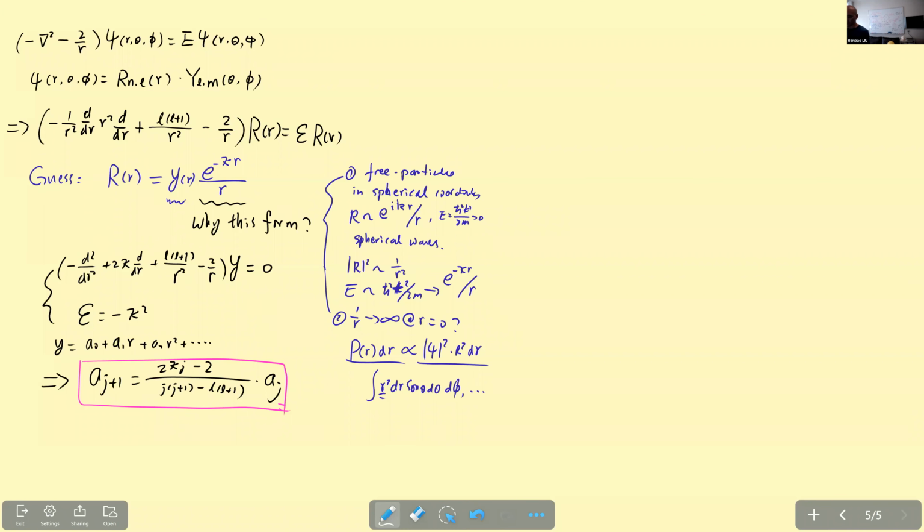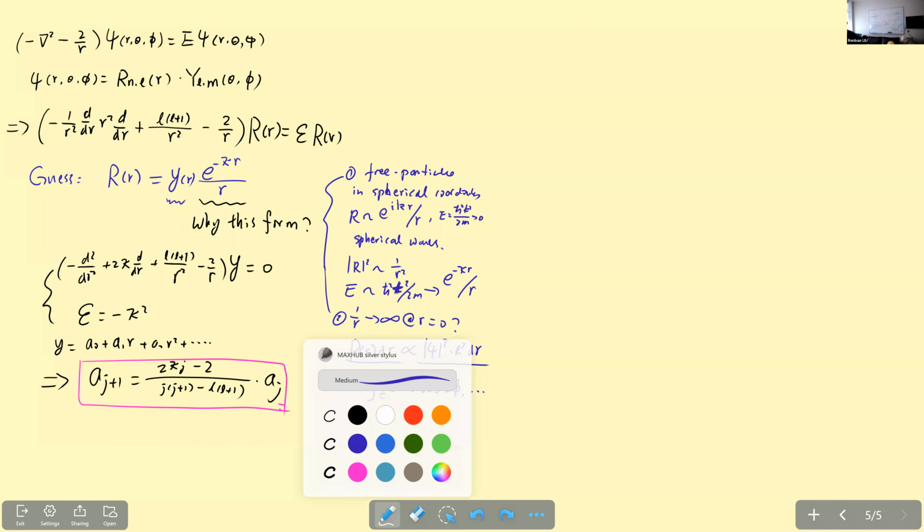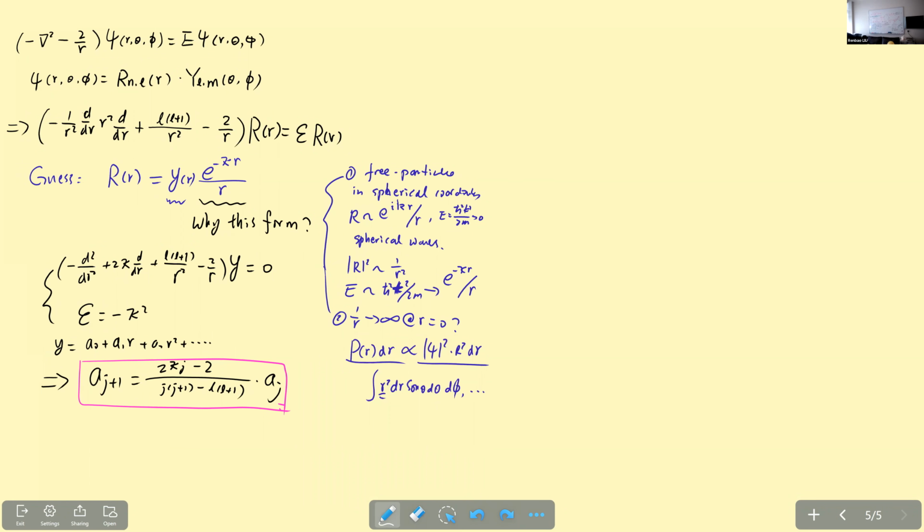So you can see that if it's not terminating, from that one, you can immediately obtain that this A_j will be roughly just 1 over j factorial times kappa to the power j, right?